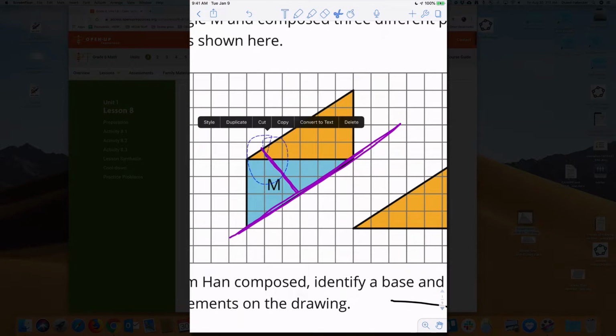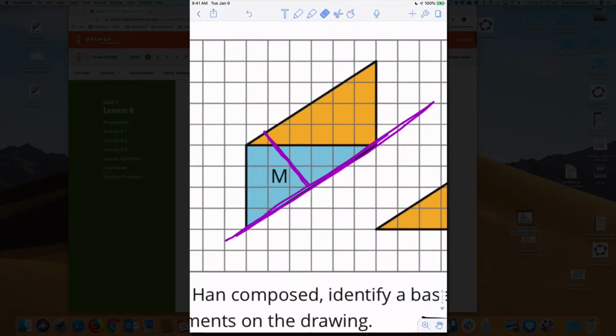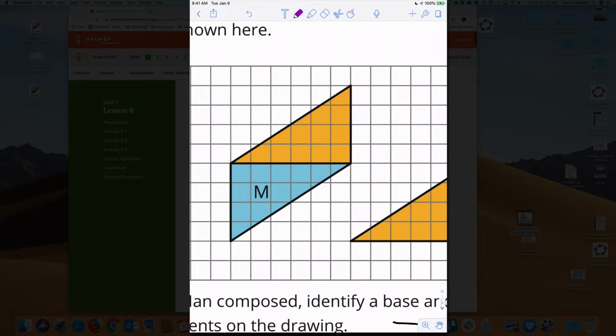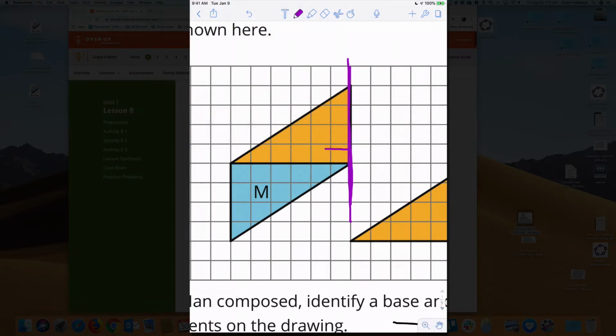Was that the only answer? No, that was not the only answer. Let's zoom in. We could have rotated that, and we could have said, here's our base. And if that's our base, then what is our height? Our height would be like that. And so there is our height right there.